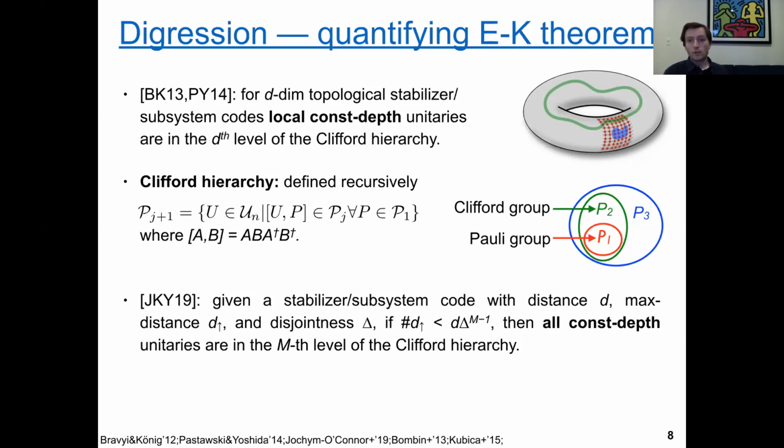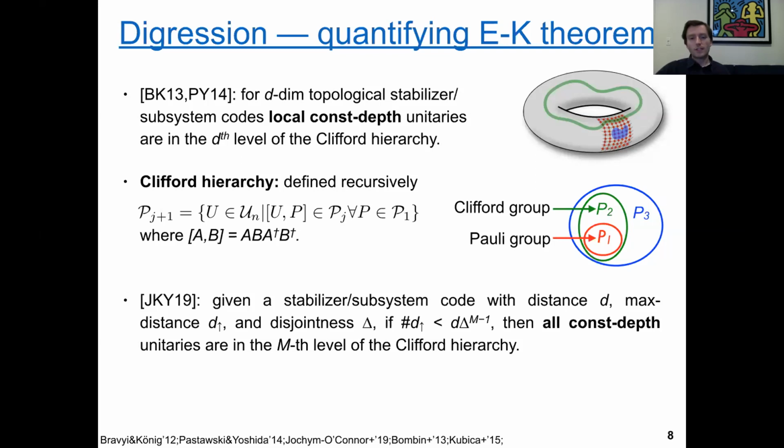One can compute this quantity for any code, and then we have a guarantee that all constant depth unitaries, not necessarily geometrically local, can consist of gates which are geometrically non-local.